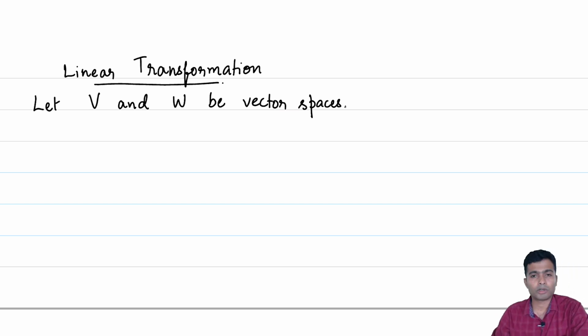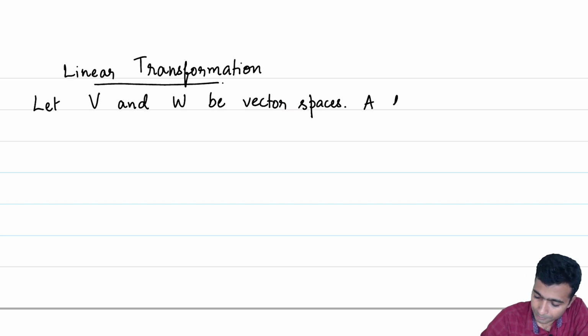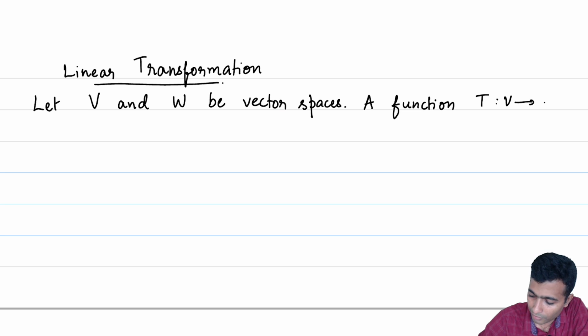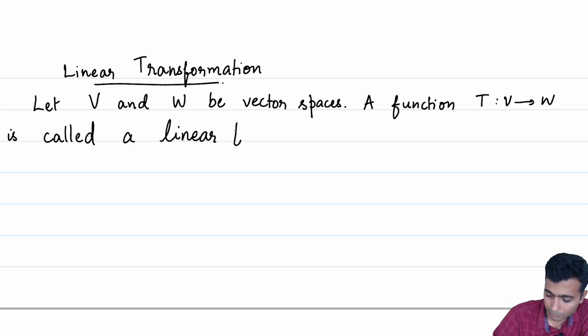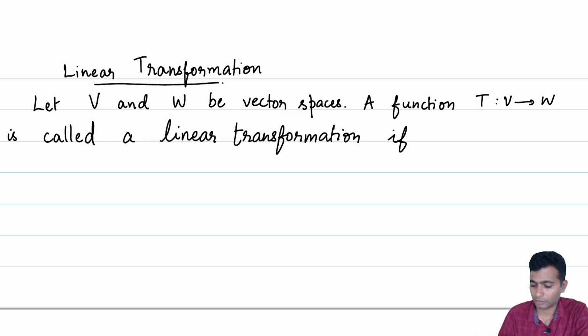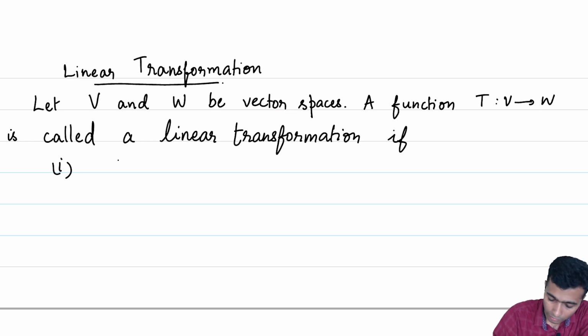Needless to say, I am always considering vector spaces over R here. A function T, that is called T for transformation, from V to W is called a linear transformation if the following are satisfied.